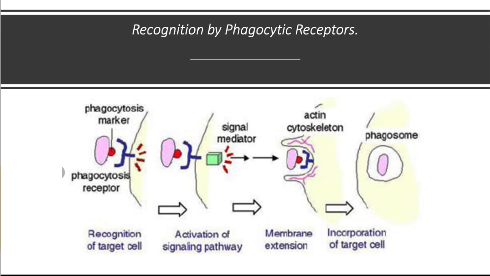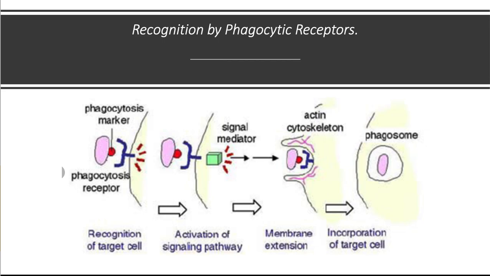Mannose receptors, scavenger receptors, and receptors for various opsonins bind and ingest microbes. The macrophage mannose receptor is a lectin that binds terminal mannose and fucose residues of glycoproteins and glycolipids.